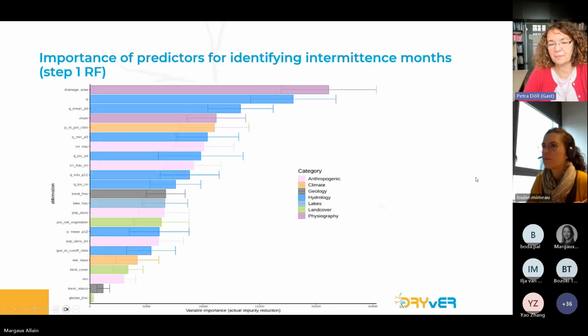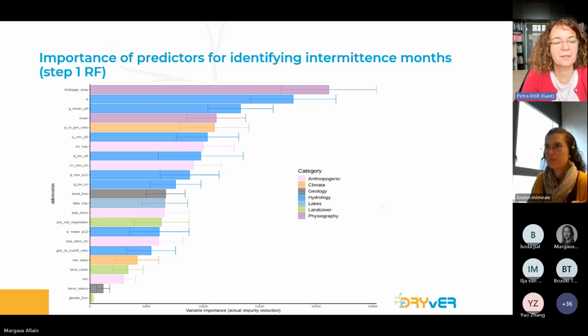So the random forest model is a machine learning method or artificial intelligence, that's how they call it. But what is good is it's an explainable AI, not like deep neural networks, where you don't know why you get some results. Here with random forest, it's nice that you get from the model the importance of predictors for identifying intermittent months. And I showed just the results for the step 1 model, where we just predict if a month is intermittent or perennial. And what you see very clearly here, the most important predictor is the drainage area.